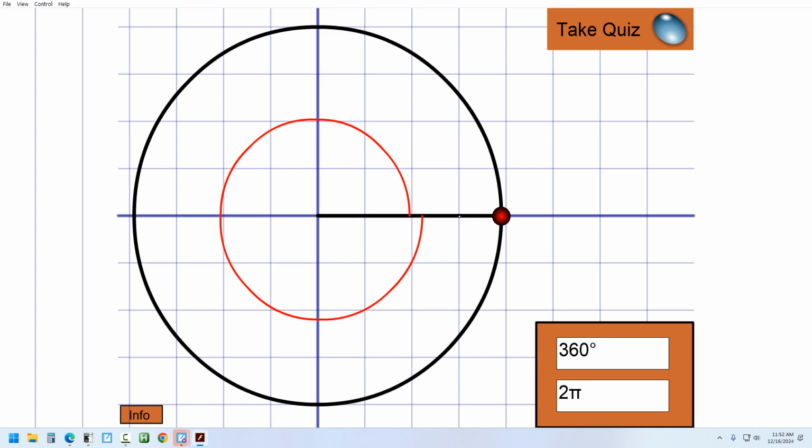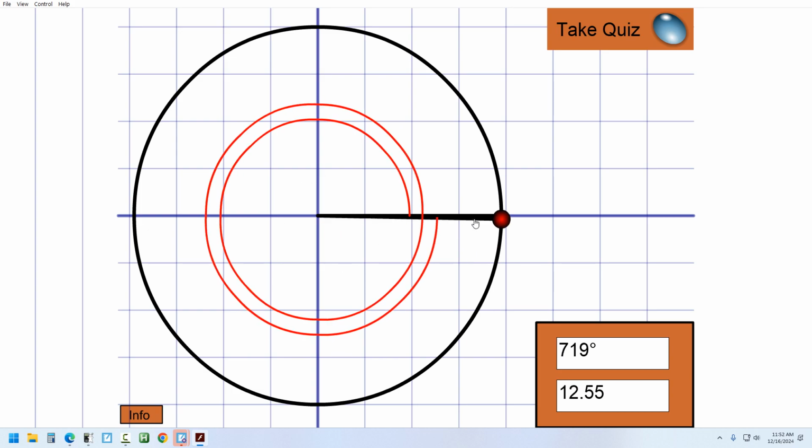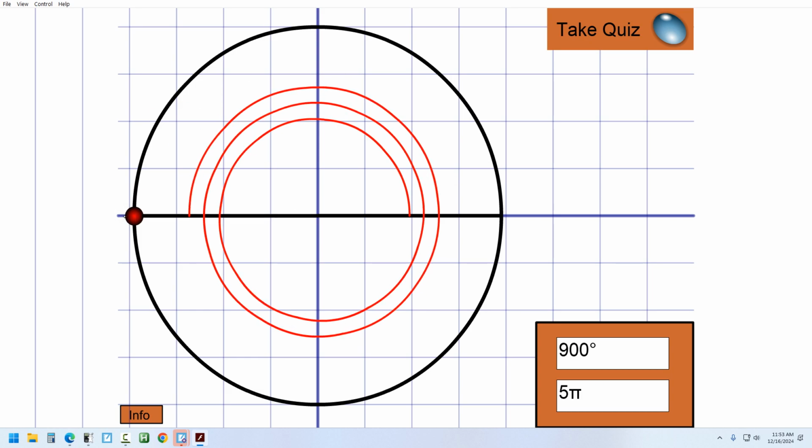It would be 4 pi. How about 2.5 revolutions? 5 pi, because that would bring you over. There's 2.5, and now you're at 5 pi.